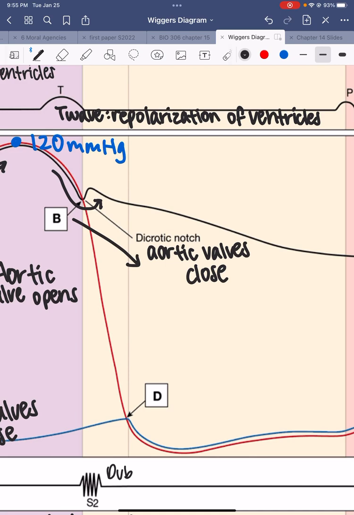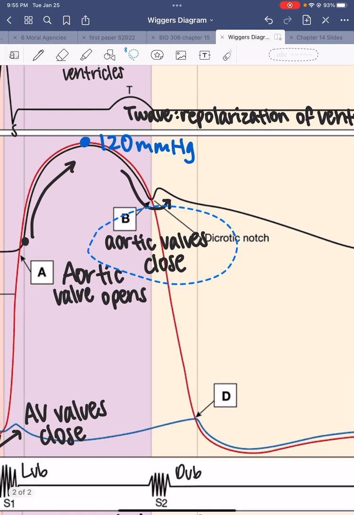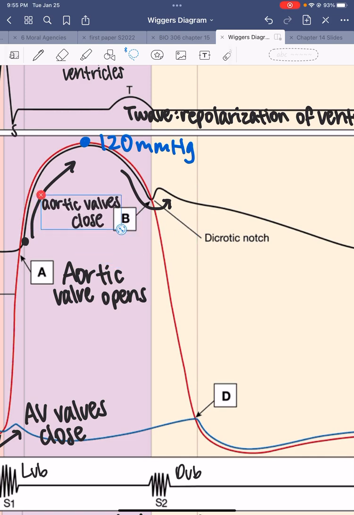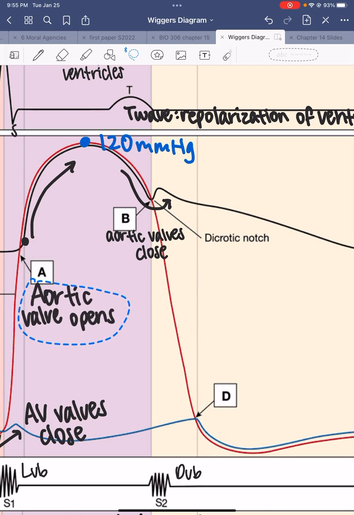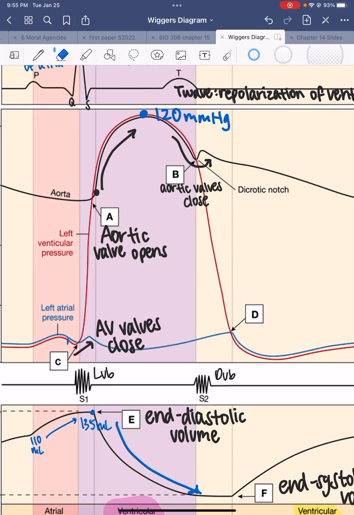So labeled B, that's where the aortic valves close. And just to repeat, the aortic valves open in the part that is labeled A. And again, the AV valves are closed right here where it's labeled C.